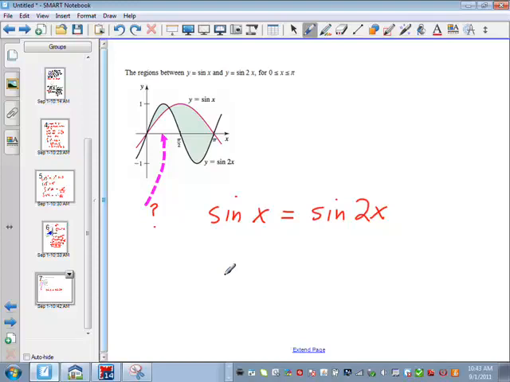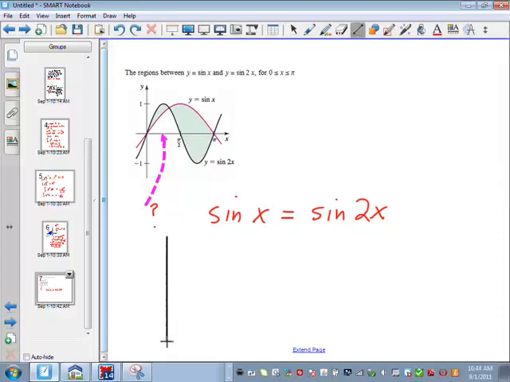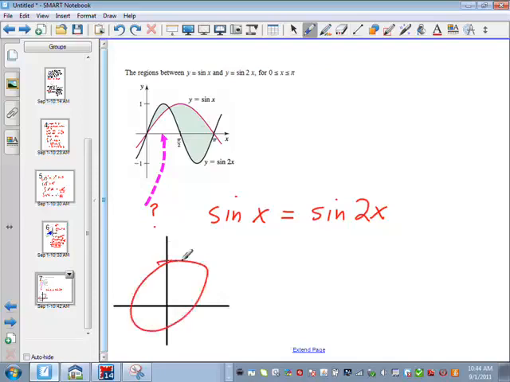Let me see. We need to bring up a unit circle. So I need the sine of x to be equal to sine of 2x, right? So we need an angle. And the bad part is you're all going to make me draw a circle. That's the real bad part. Okay, here we go. That's about as good as it gets. Let's just draw something, okay?